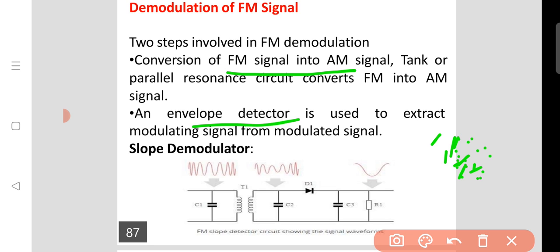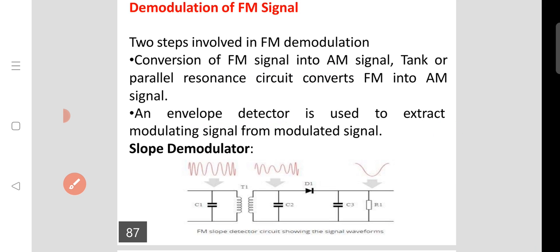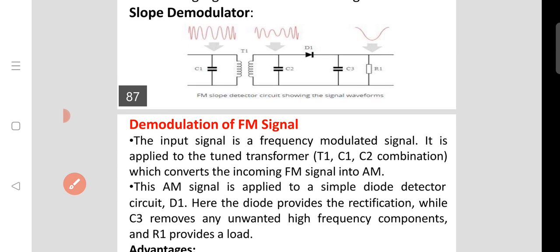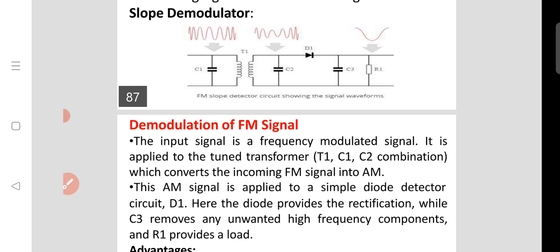Coming to the first topic, the slope detector, also called the slope demodulator. The block diagram is on the screen. You just observe that there are two blocks. Up to here this is the LC tuned circuit, and this one is the envelope detector circuit.